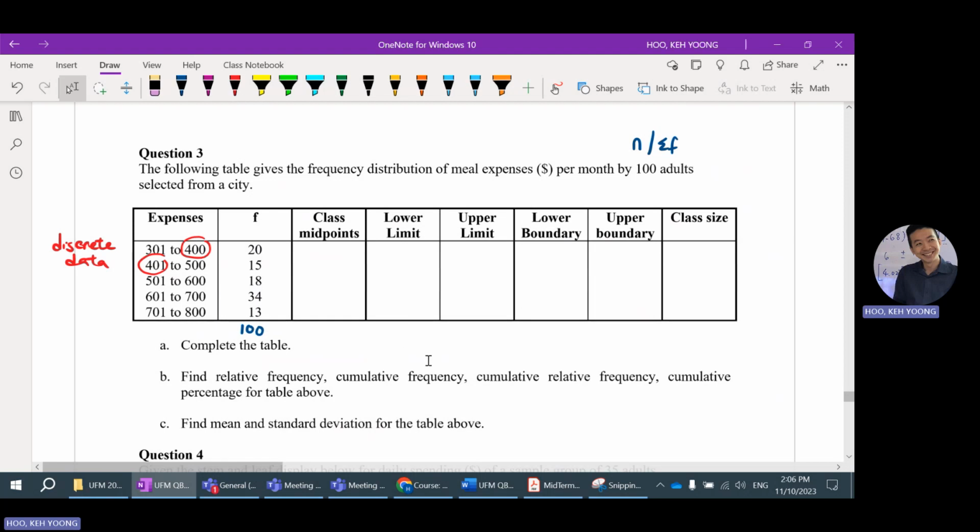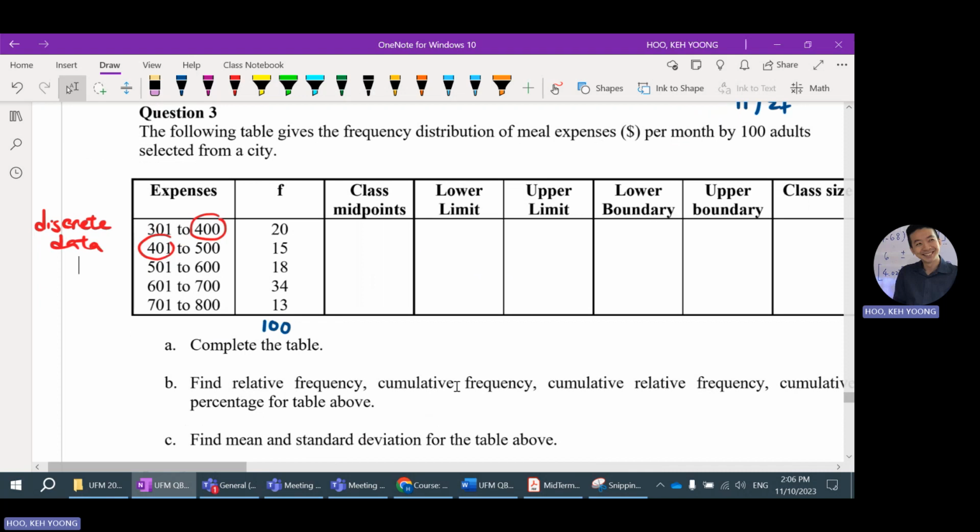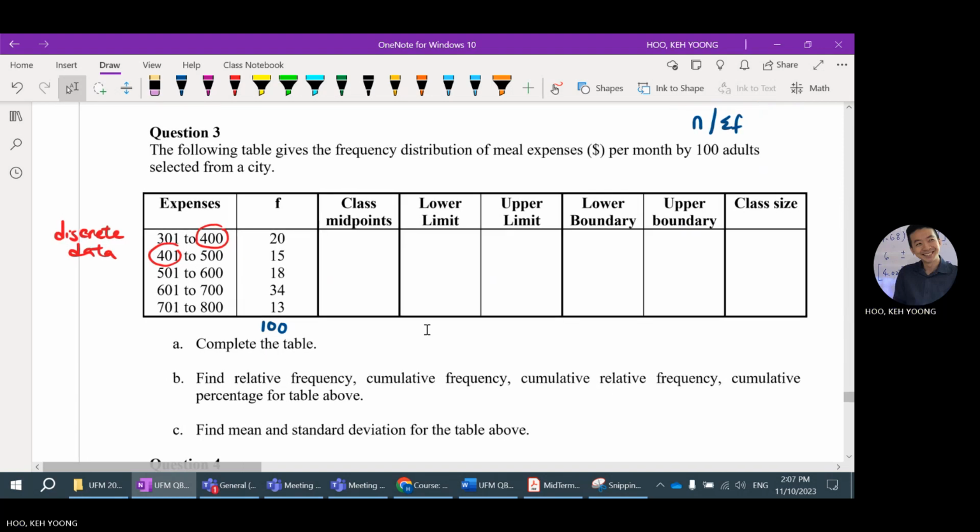So first we fill up the class midpoint. Class midpoint is lower limit plus upper limit divided by 2. Just now, we found the class midpoint for the continuous data already. Now we look at this one. First we fill up the lower and upper limits. Lower limit is the smallest value in a class interval. So for the first class interval, 301 to 400, what is the smallest value? 301.